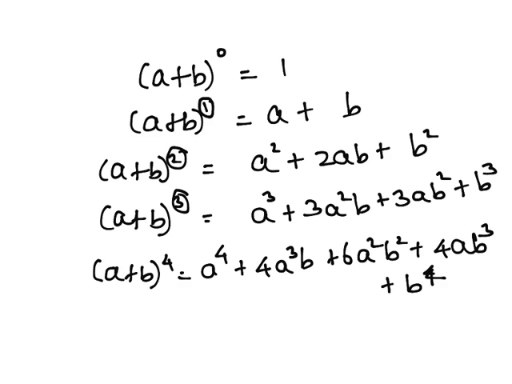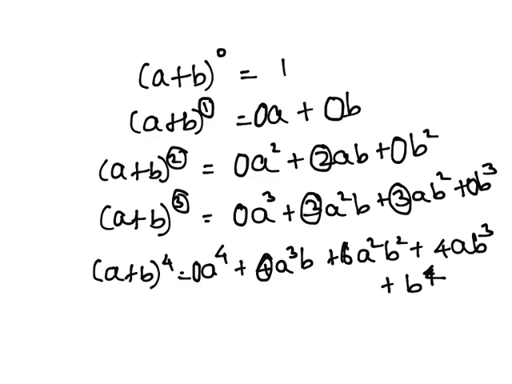Okay. Finally, what about the coefficients of each term? Now, if you look at it, here the coefficient is 1, again 1. Here it is 1, 2, and 1. Here it is 1, 3, 3, 1. Here it is 1, 4, 6, 4, 1.